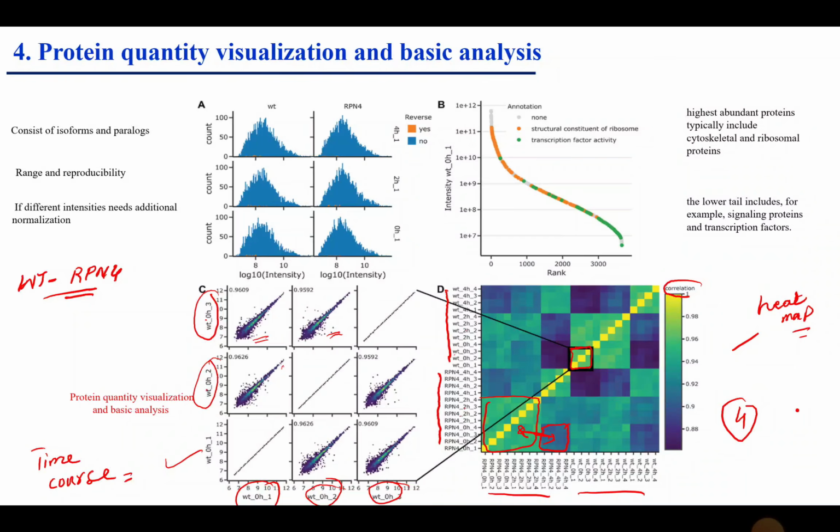This correlation curve shows that where the color is yellow, it is showing the positive correlation. Similarly, here is the positive correlation. Within these boxes the color should be the same, and outside of these boxes it should be different if there is a differential expression of proteins.